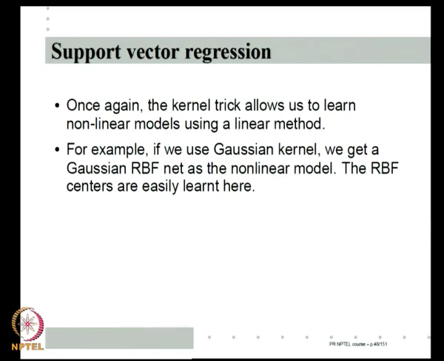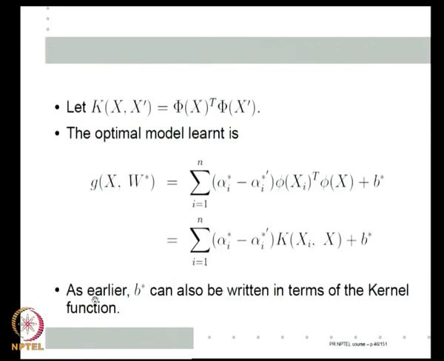For example, if we use Gaussian kernels, we get a Gaussian RBF net. So, if this is Gaussian, k x I x is exponential of minus norm of x I minus x whole square, then this is nothing but a linear combination of Gaussian radial basis functions.